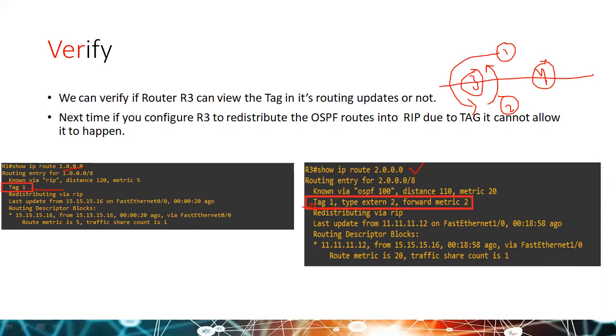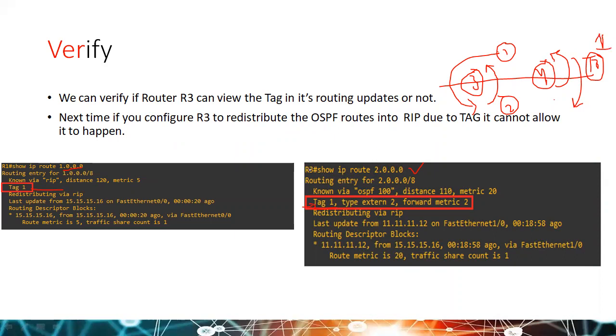But if someone by mistake tries to configure R4 to redistribute the network, R4 cannot redistribute any network to and fro if it sees a tag associated with it. In our case, the tag value is 1.